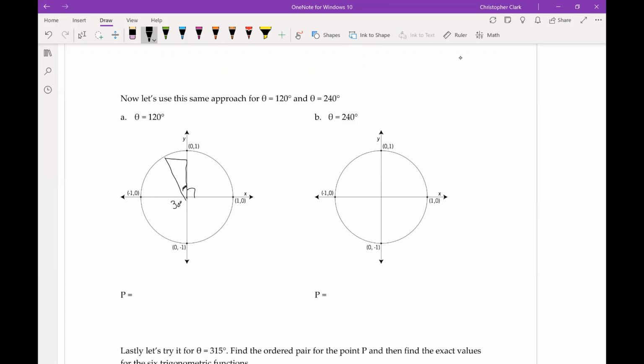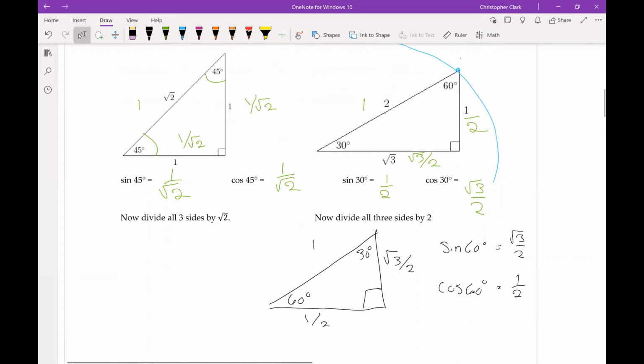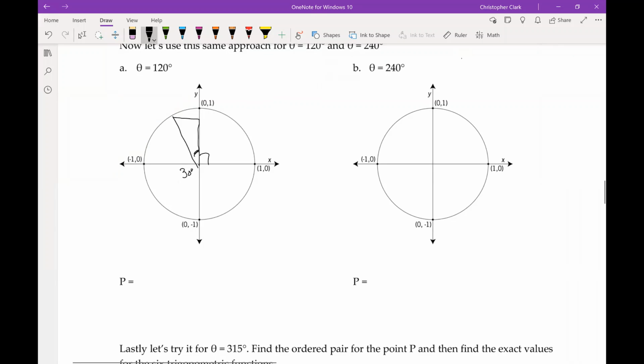Well, yes, we can. We'll go back up here, and we know the side opposite of 30, I'm going to blow this up a little bit, the side opposite of 30, we remember, is going to be 1/2. And this angle is 60, and the side that is opposite 60 is going to be root 3 over 2.